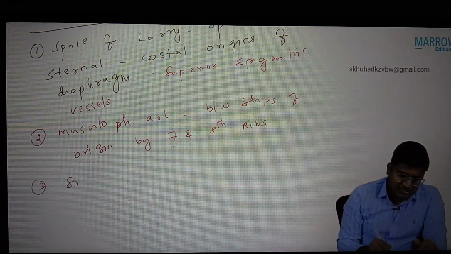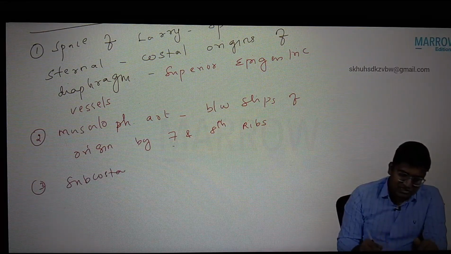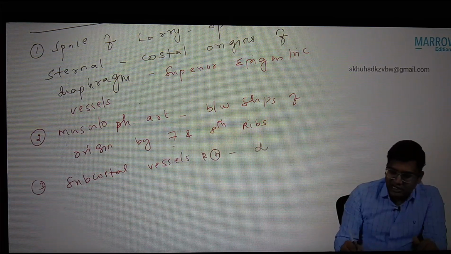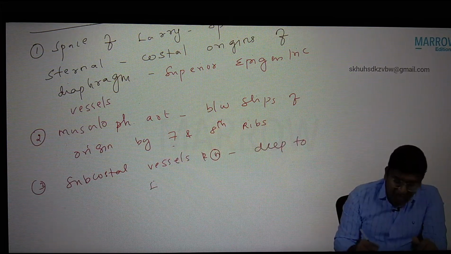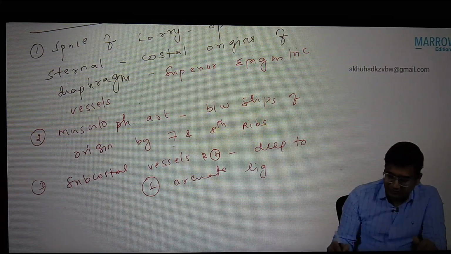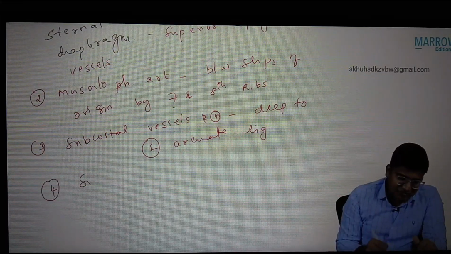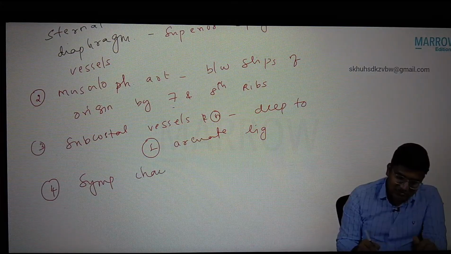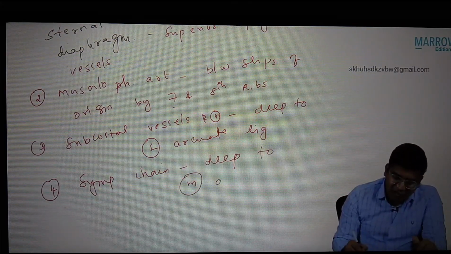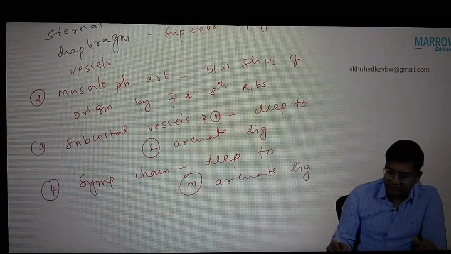Okay. Then, number 3, the subcostal vessels and nerve, they pass deep to the lateral arcuate ligament. Number 4, the sympathetic chain will be passing deep to the medial arcuate ligament. Okay.